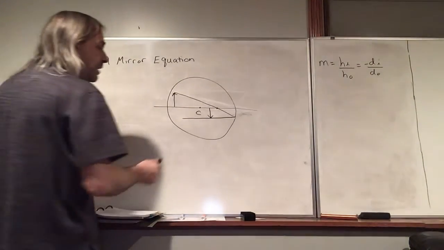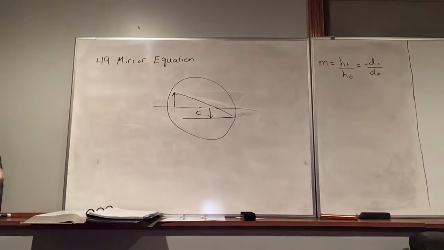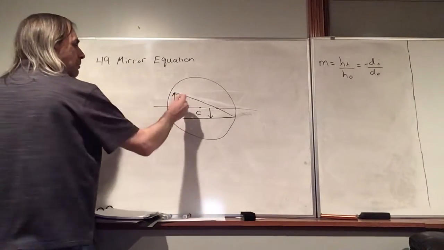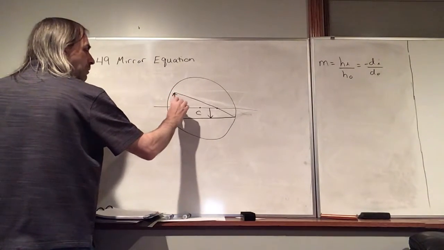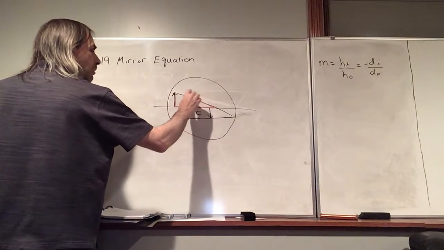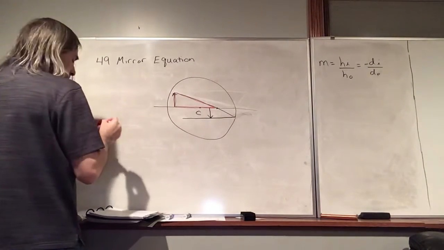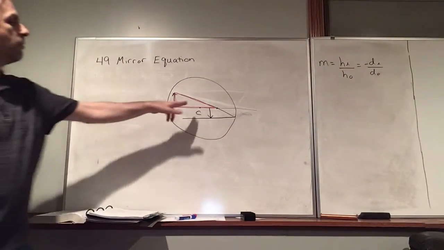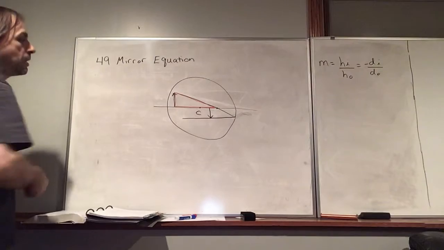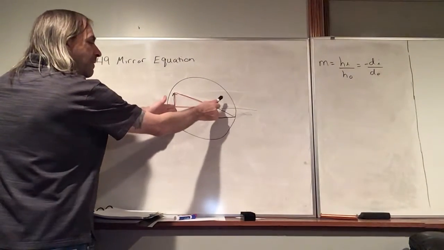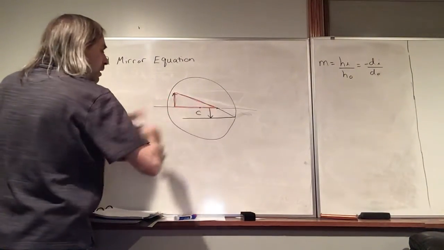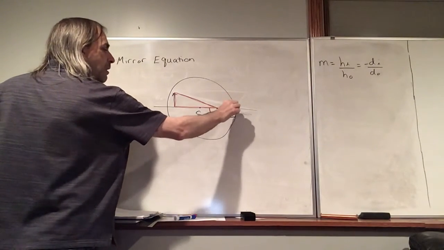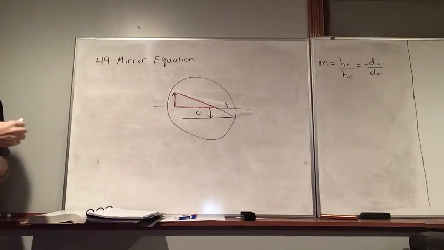So we're going to look at two triangles again. One of them is not really a triangle, but let's start with this. Say in red, we have this triangle here. Okay, so that's going to be our first triangle. And we'll call this angle theta. So let's look at this side of the triangle here. We know that this is the focal length. Going from the mirror to the focal point is a focal length.